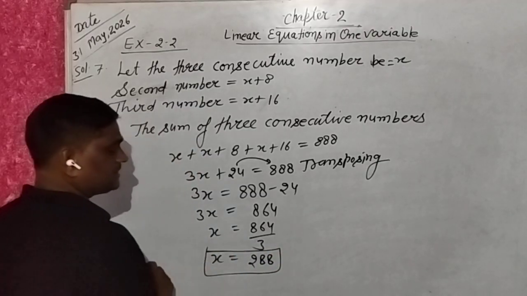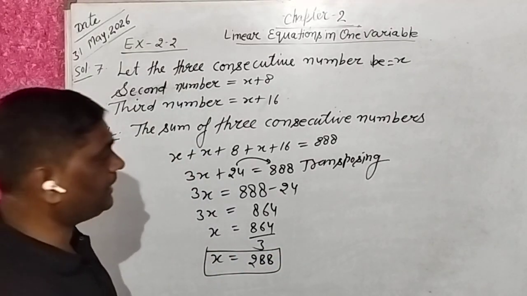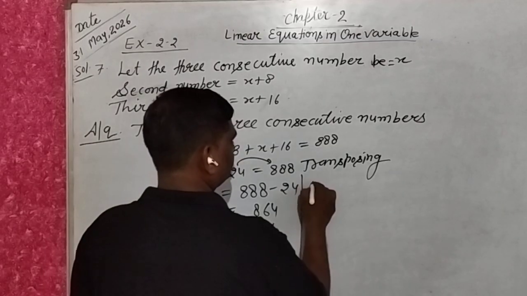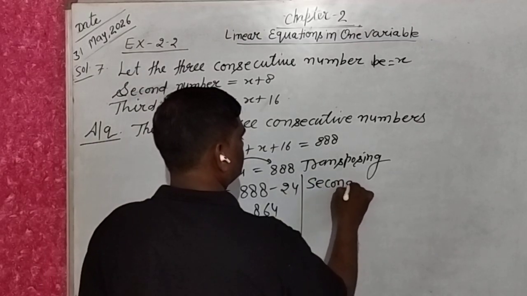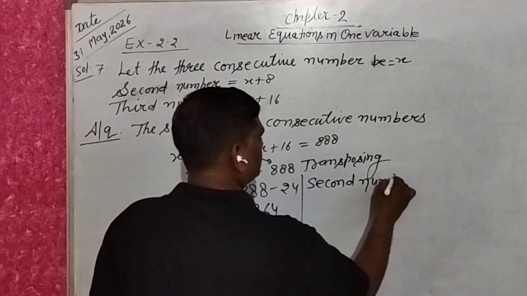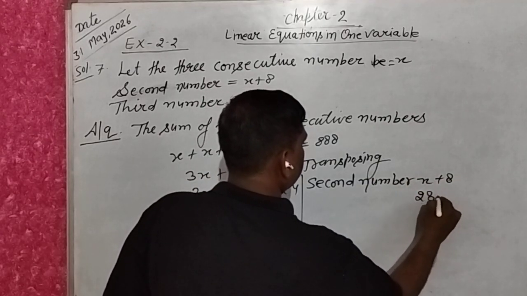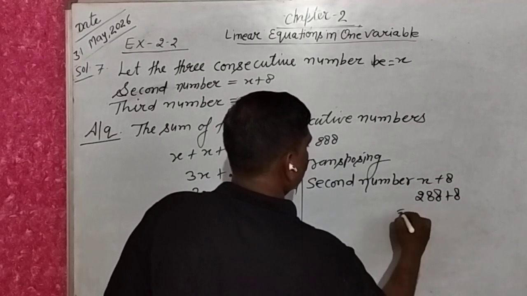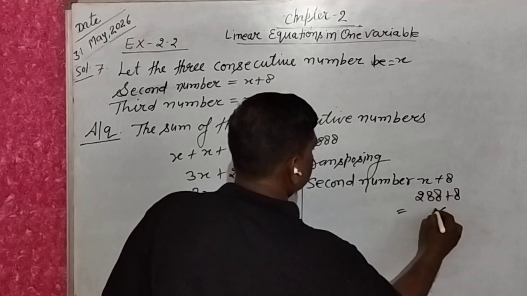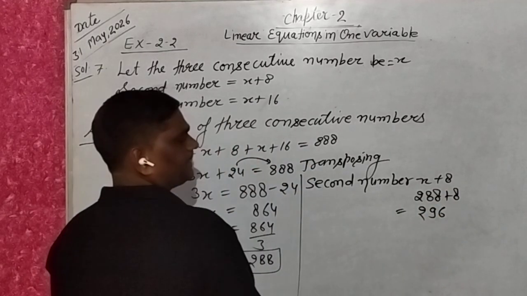First number is 288. Second number is x plus 8, 288 plus 8 is 296.